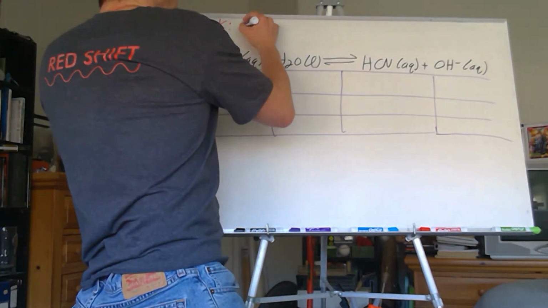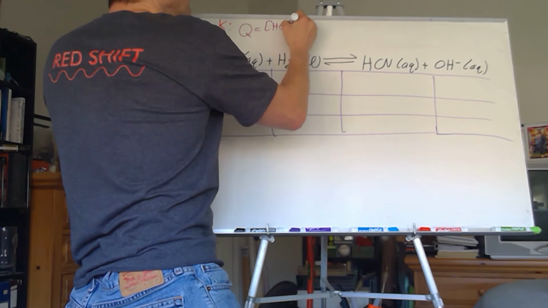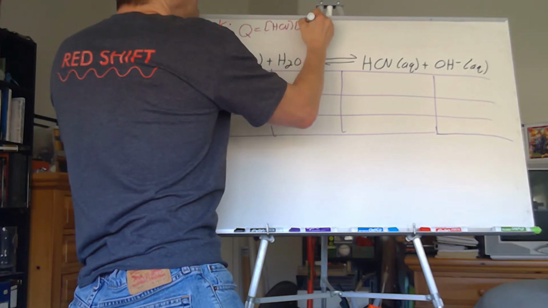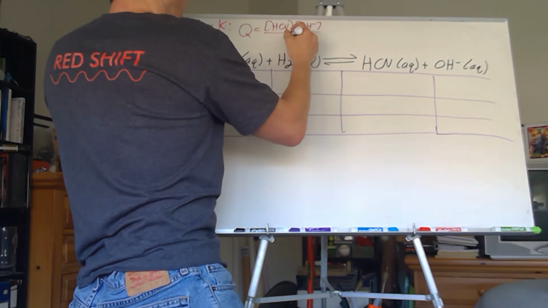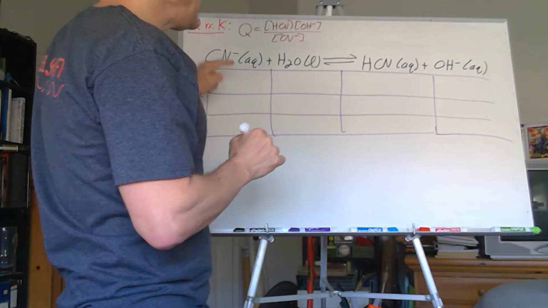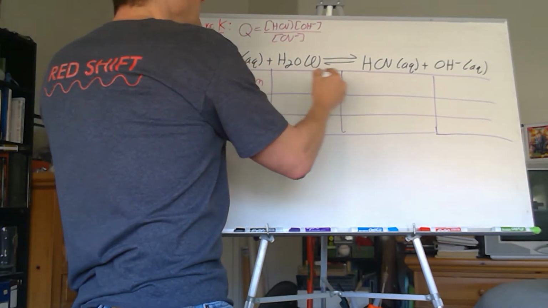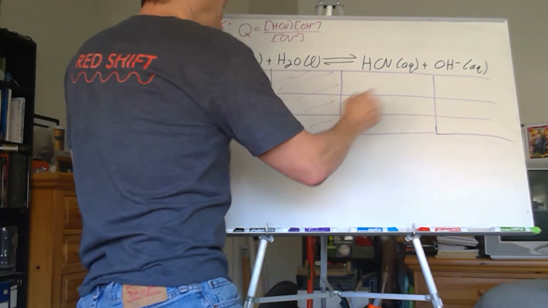So if I set this up, Q will be the products initially times the OH minus over the CN minus. And initially I gave you 0.024 molar of that. Water we don't have to worry about.